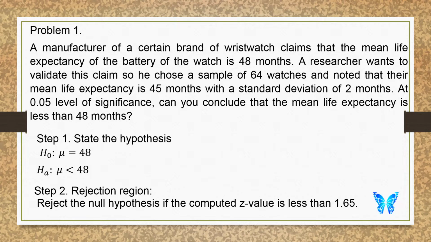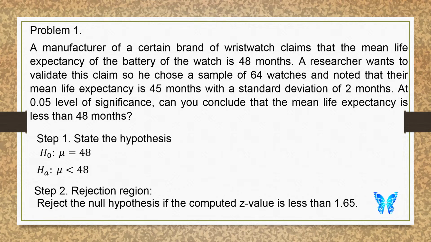From 30 and above, we use z-test, but for below 30, we use t-test. We reject the null hypothesis if the value that we obtain from step number 3 is less than 1.65. This 1.65 has an area of 0.05, as our level of significance.